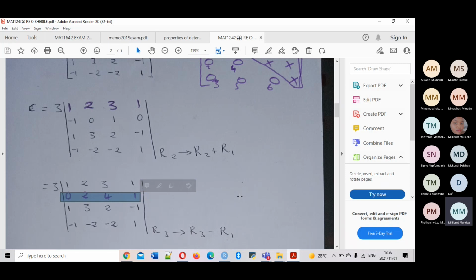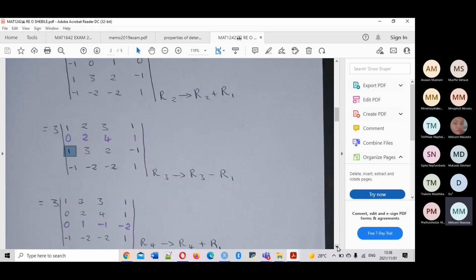Are we fine? So we are done with this one. We want to change this to be 0. How do we make this 0? We say row 3 is given by row 3 minus row 1. Why here we add? Because this is already negative. So negative plus positive gives us 0 if the numbers are the same.